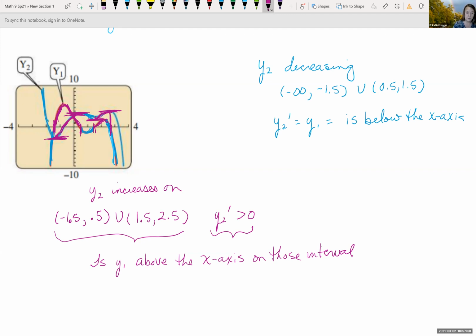So the maxes and mins of our original function should be where the other function crosses the x-axis, and that is true. So y sub 2 holds as our original function, and y sub 1 is the derivative function, y sub 2 prime.